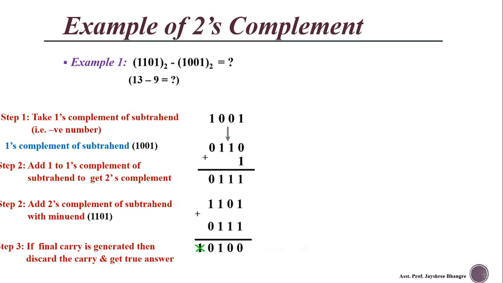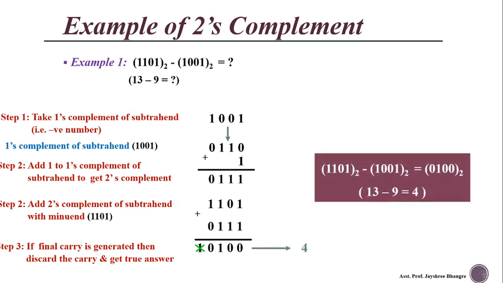So the true answer is 0100, that is 4. So 13 minus 9 is 4, or 1101 minus 1001 is equal to 0100. And 0100 in binary is 4.